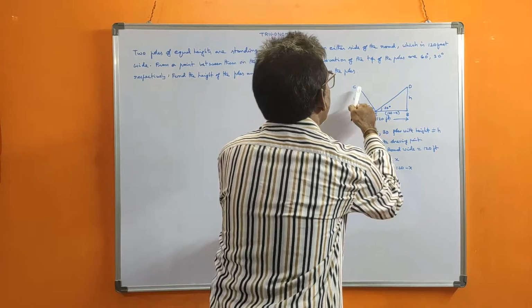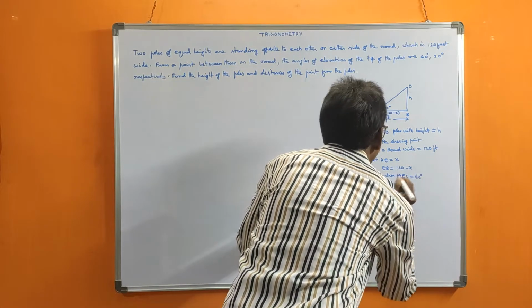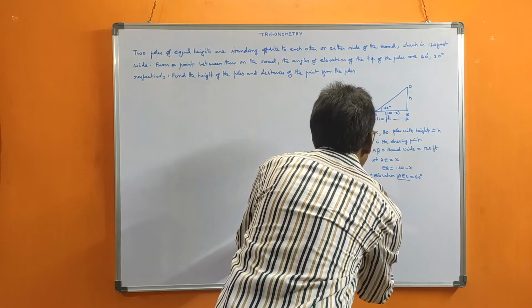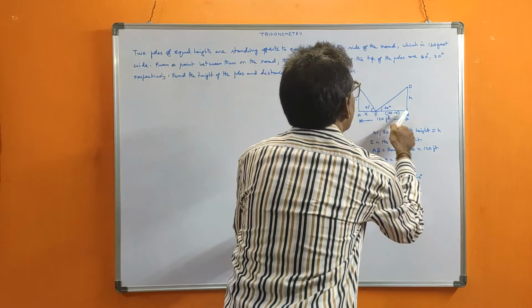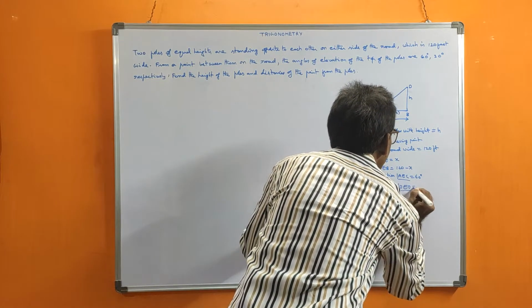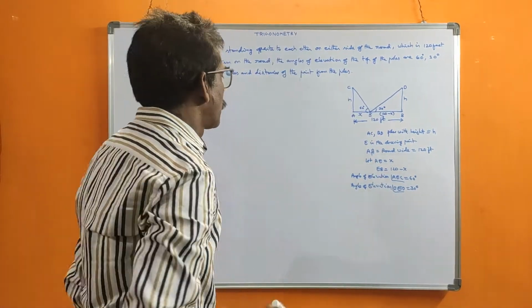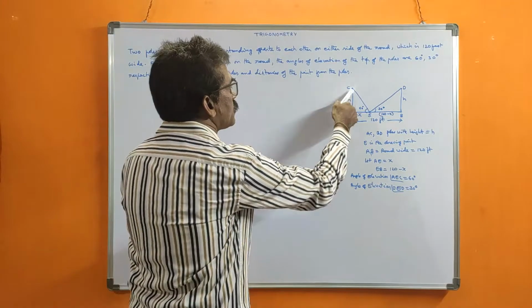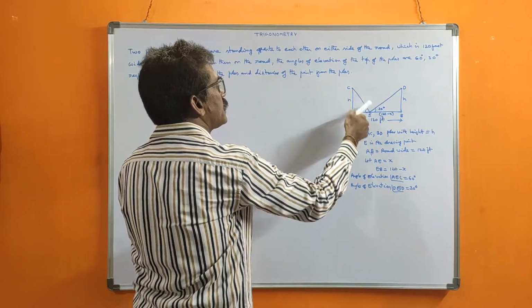Now the angles of elevation: angle AEC is equal to 60 degrees, angle BED is equal to 30 degrees. You write this. This is the data from these triangles. Each is a right angle triangle. First I am taking the right angle triangle ACE.